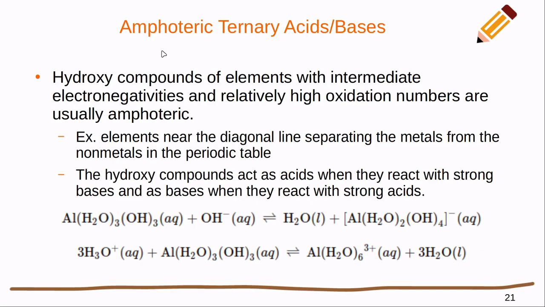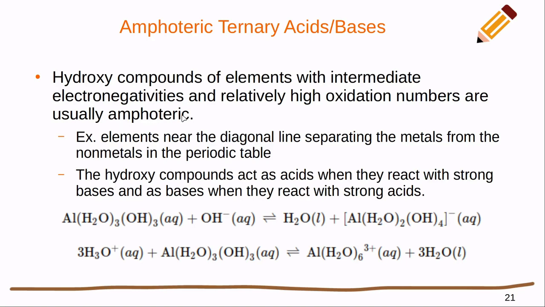So we've seen what happens when you have a high electronegativity in the central atom and you have low electronegativity in the central atom. But there are a whole bunch of elements, especially those near that diagonal line where the metalloids are, that separate the metals and the nonmetals on the periodic table, that have intermediate electronegativity. And when this happens, these tend to be amphoteric.